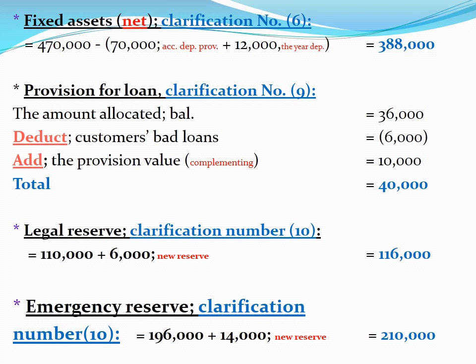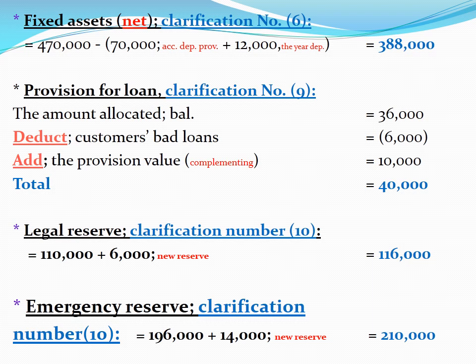This is the value of fixed assets minus 70,000, the accumulated depreciation provision, plus the new depreciation of this year, 12,000. So accumulated depreciation equals 82,000 to be deducted, and the 12 will appear in the income statement as expense of the period.